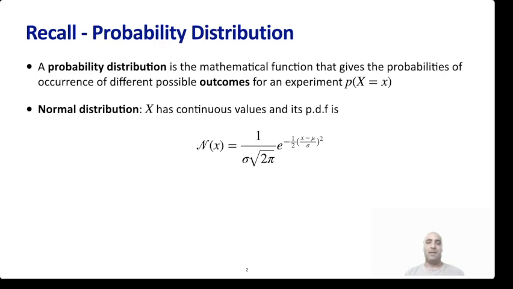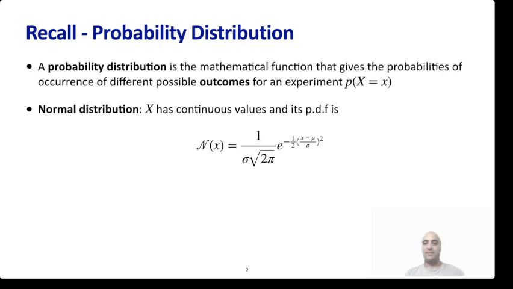Meaning that if you have a very short interval around value x, you can compute the probability, or the area under the bell shape of the normal distribution, using this equation. When we look at this equation, pi is a constant, and e is the exponential function.